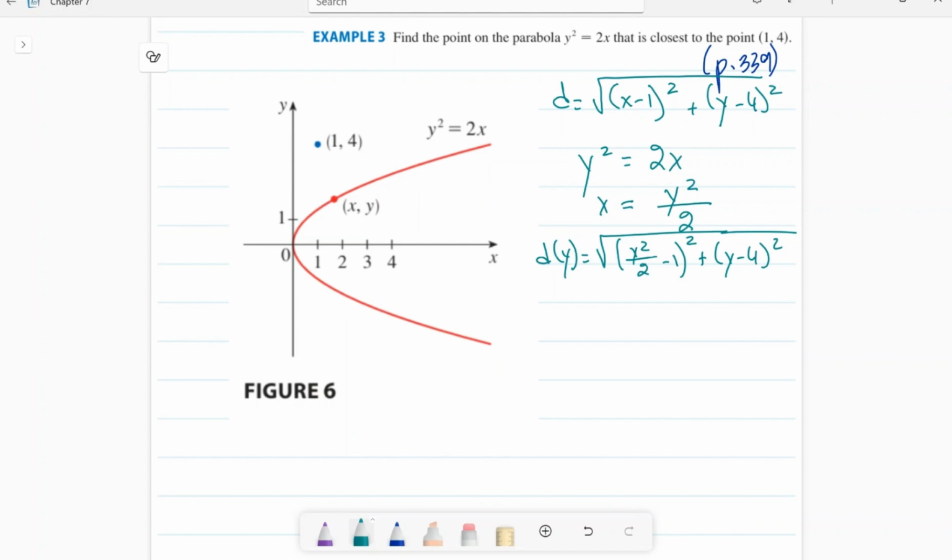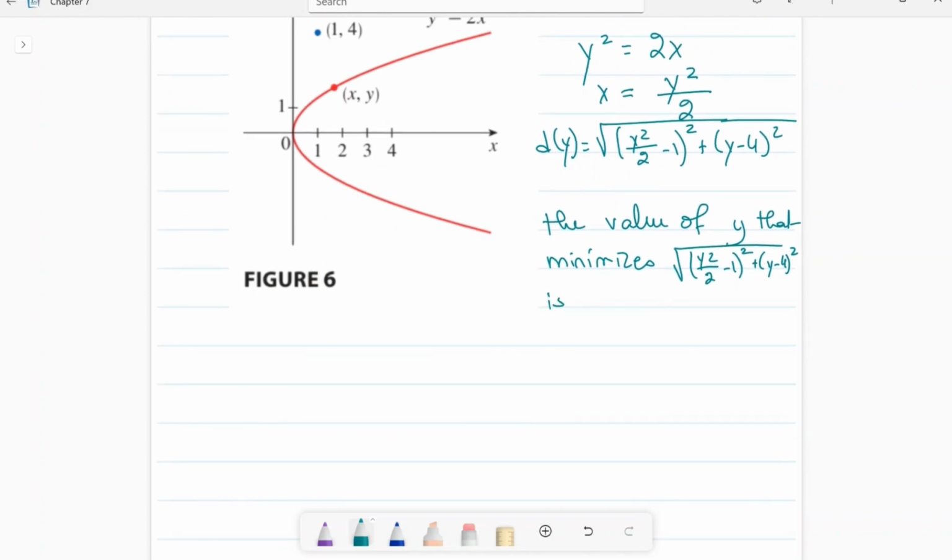But one thing I wanted to mention is that the value of y that minimizes d of y is the same value as the one that minimizes d squared.